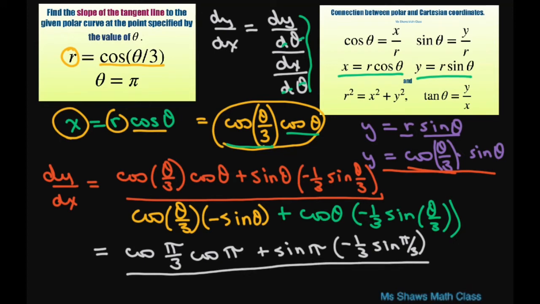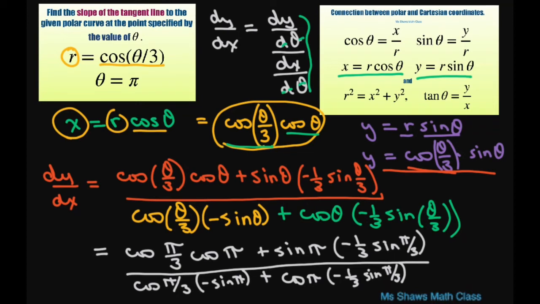Getting close here. Cosine of pi divided by 3 times negative sine of pi plus cosine of pi times negative 1/3 sine of pi divided by 3. All right. So let's look and see what we get.